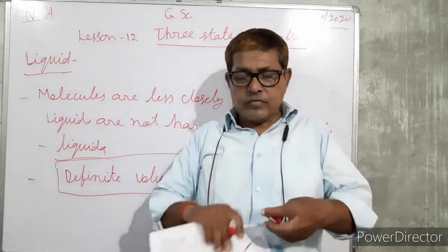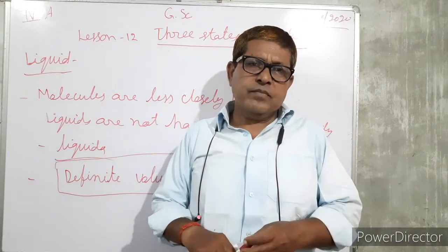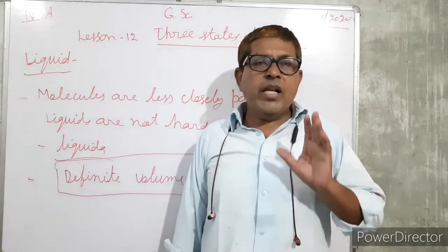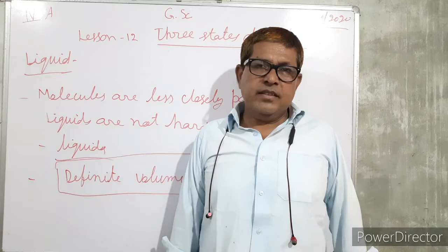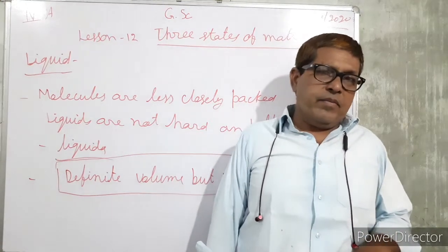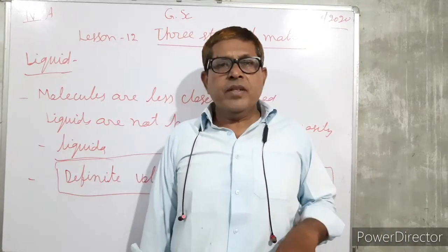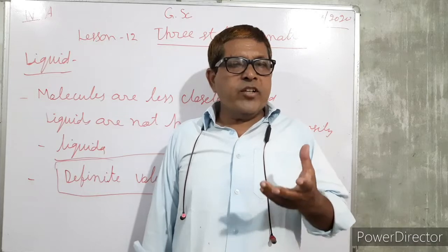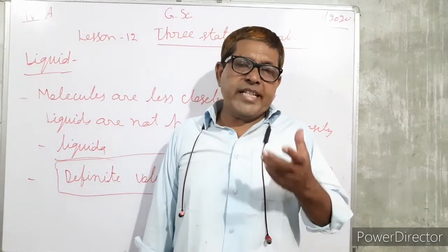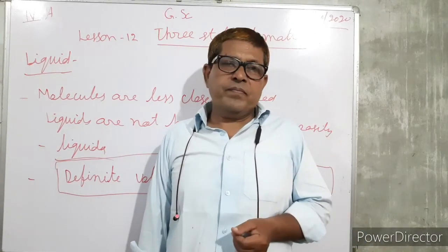Suppose you have 1 liter of the milk. So its volume is 1 liter. This 1 liter of liquid, if you keep it in a rectangular container, then the shape of the water will be rectangular.